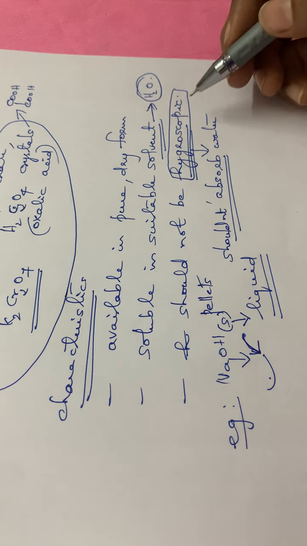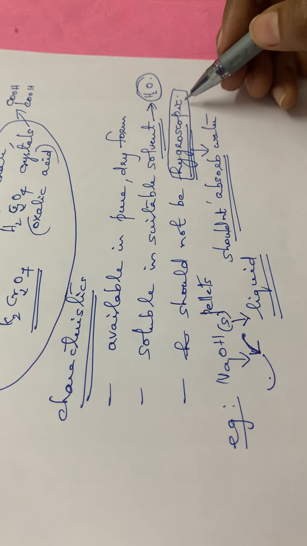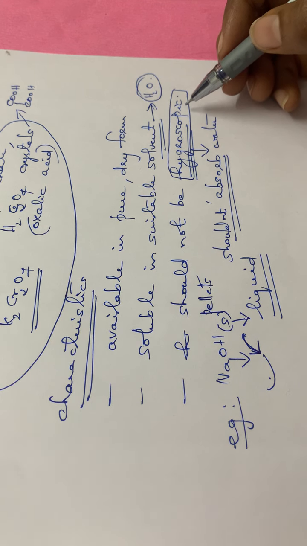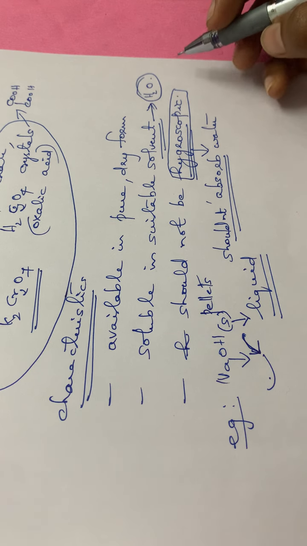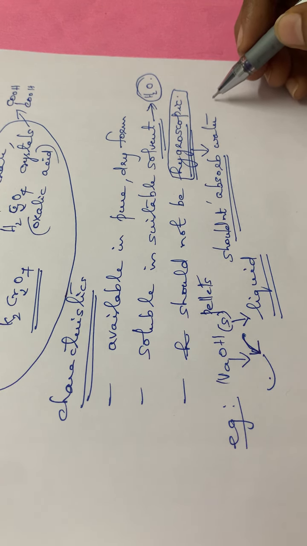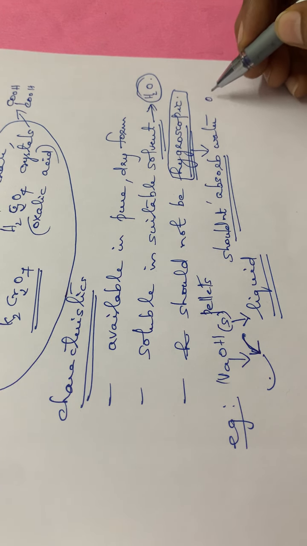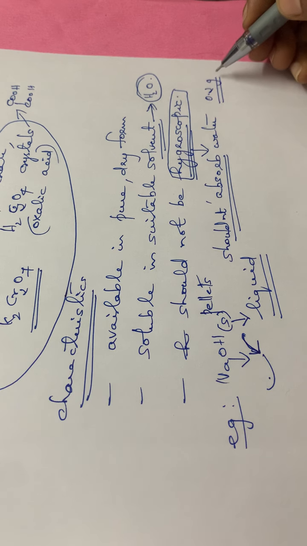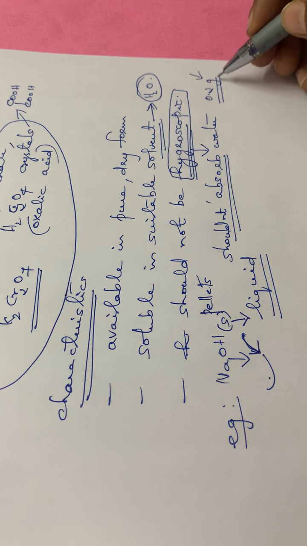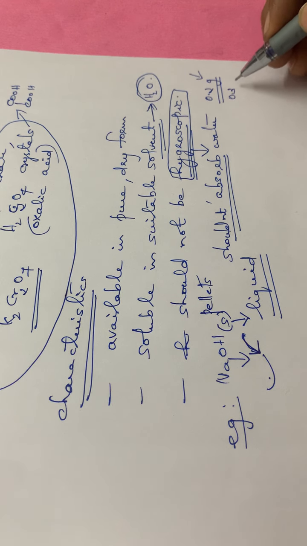If a chemical we are taking is hygroscopic, then while weighing it on the balance, say we take 0.2 gram of the sample, within 2 or 3 minutes it absorbs moisture from the surroundings and the weight might change to 0.300 or 0.400.